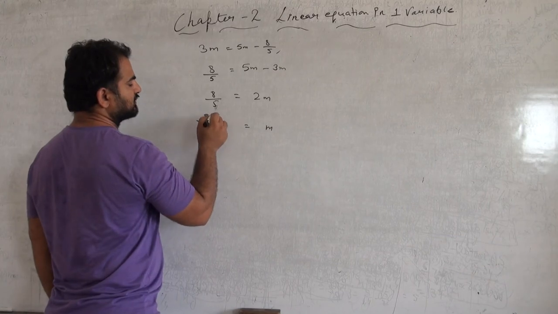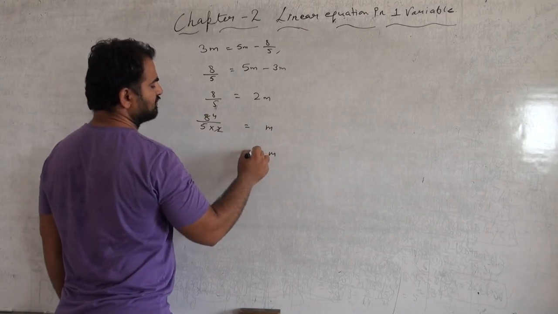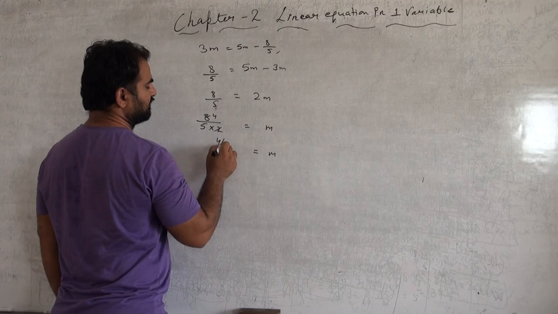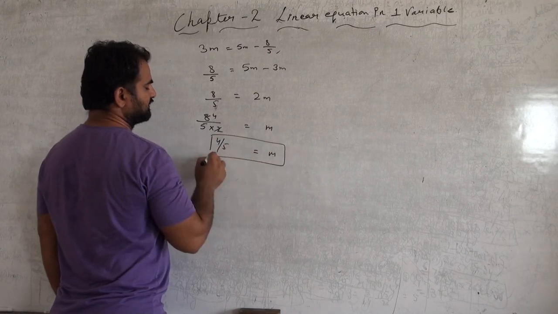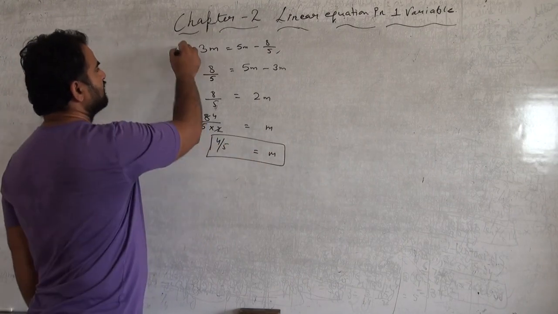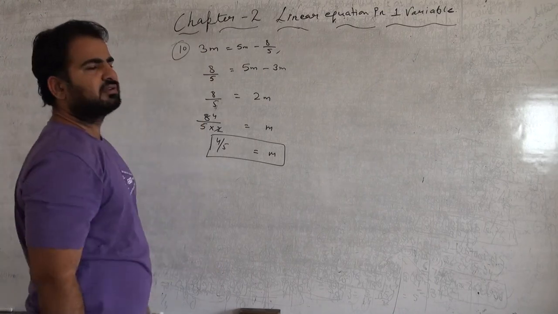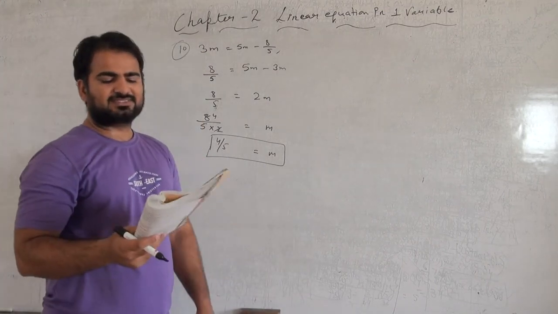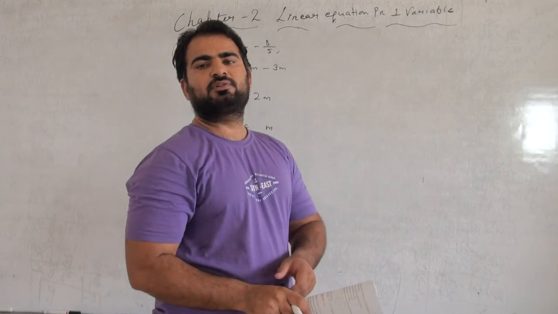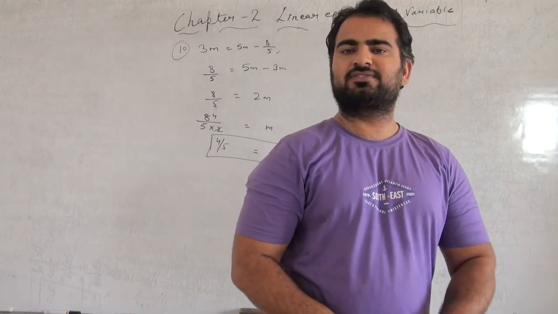So 2 fours are 8, m equals 4 by 5. This is your final answer to question number 10. Okay, so class, this was exercise number 2.3, and for 2.4 you can watch my next video. Thank you.